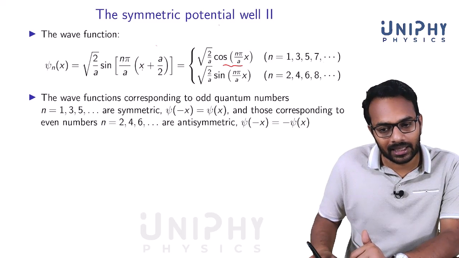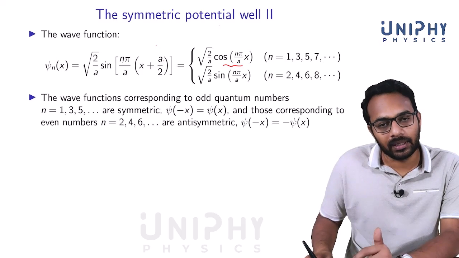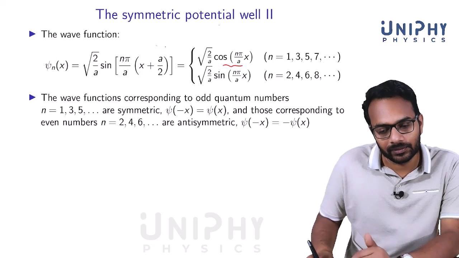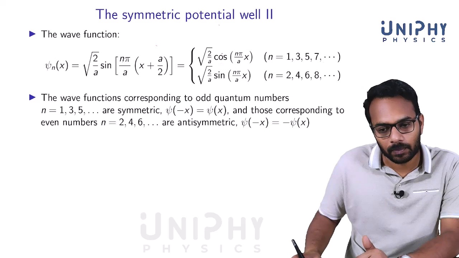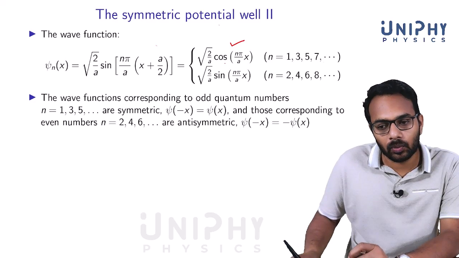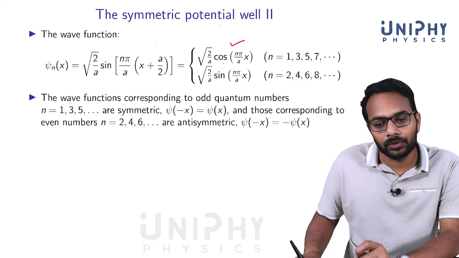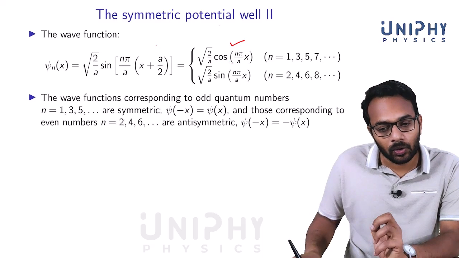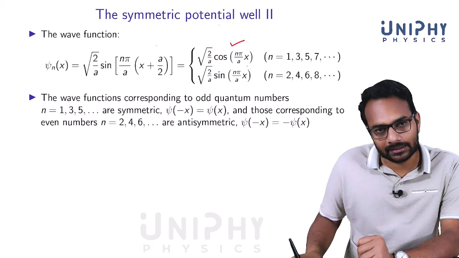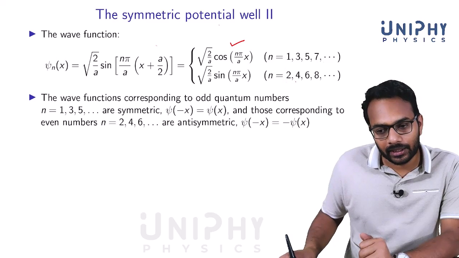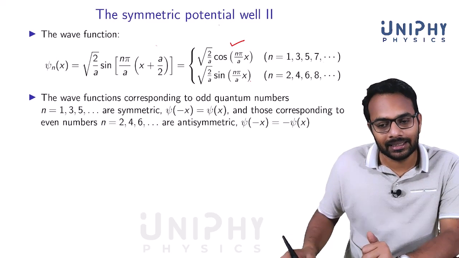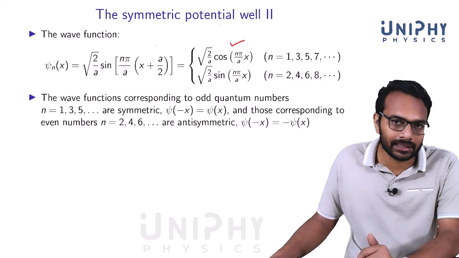You know what happens with these things, and it becomes a cosine. So for n equal to 1, 3, 5, 7, etc., you get square root of 2 by a cos(n pi x by a). For n equal to 2, 4, 6, 8, etc., you get sin(n pi x by a).